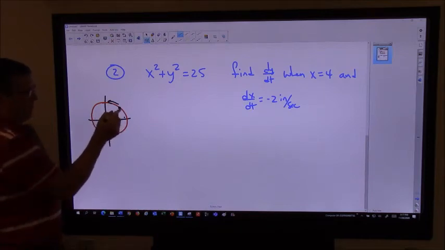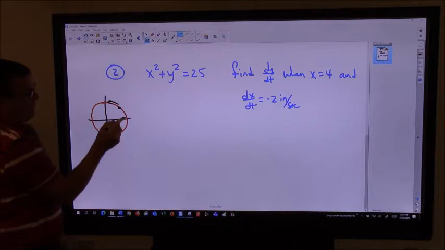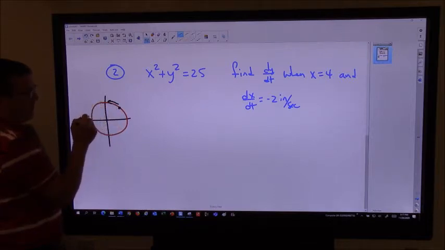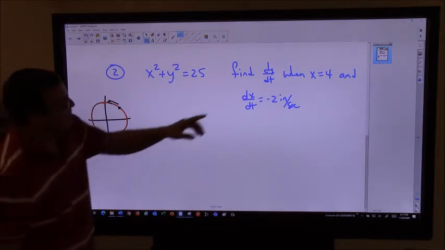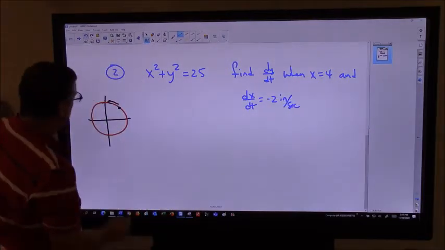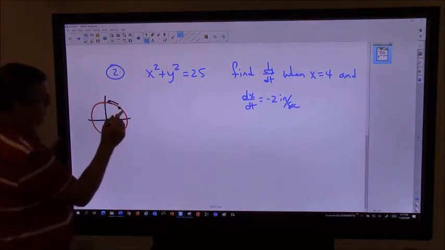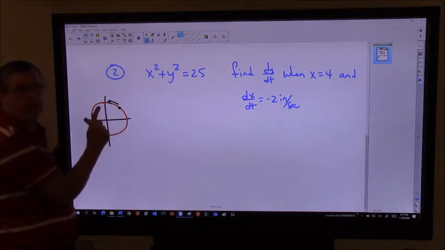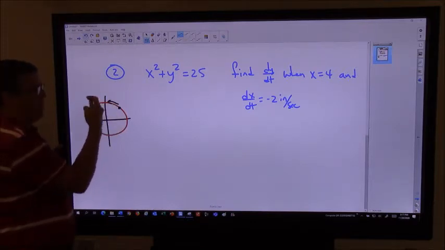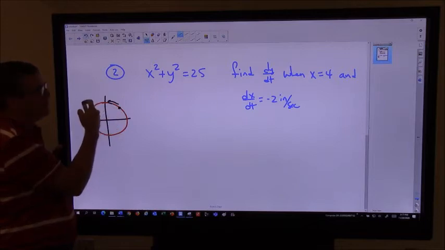And for part of this, the y values are going to be increasing and getting larger, but then when we start coming down here, my y values are decreasing and getting smaller. So at the point where x equals 4, we're probably right in this area somewhere, so I would expect my y values to be getting larger because we're heading up on the circle. Okay?